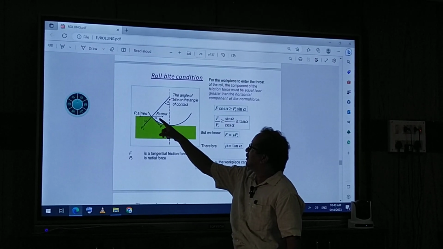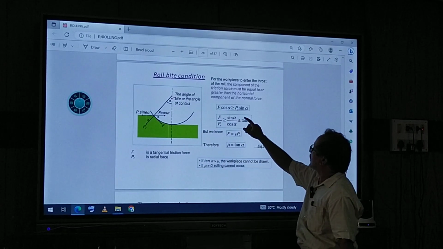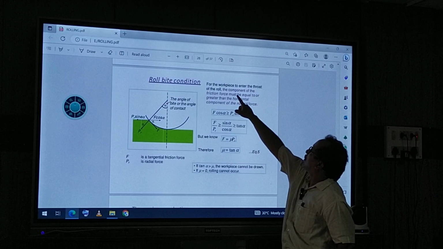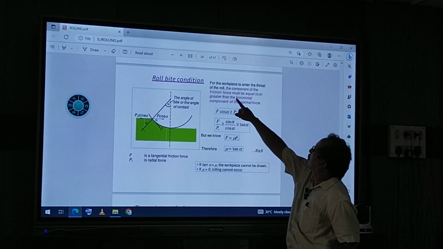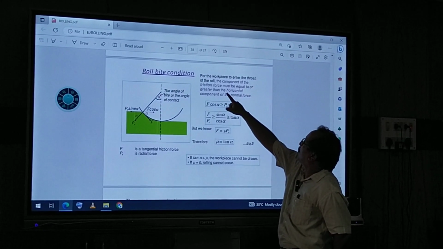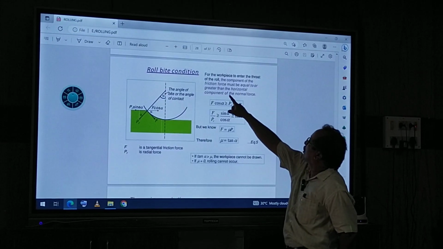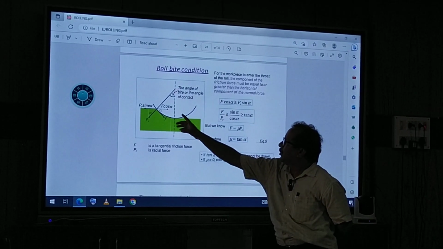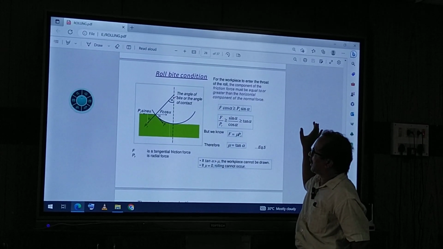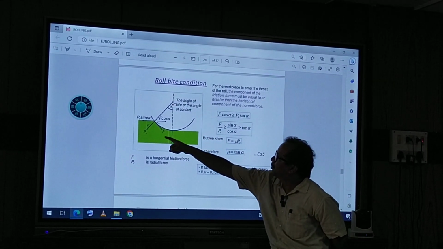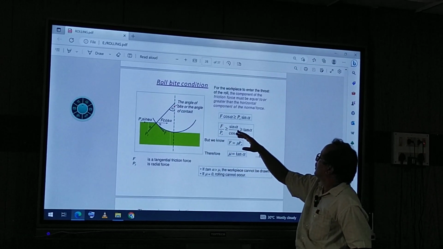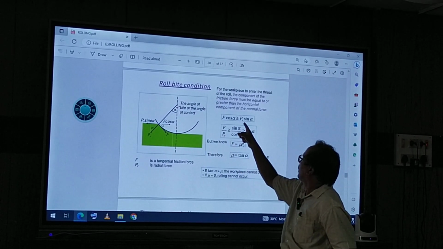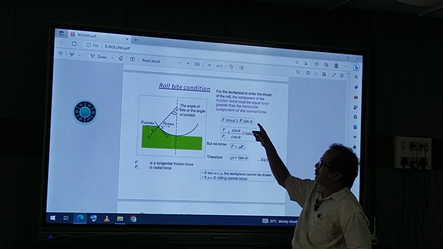Both are resolutions of force. The roll bite condition is that for the workpiece to enter into the throat of the roll, the component of the friction force must be equal to or greater than the horizontal component of the normal force. The friction force is F, which acts towards the roll gap, and the radial pressure is PR, which acts outward. So F cos alpha should be greater than or equal to PR sin alpha.